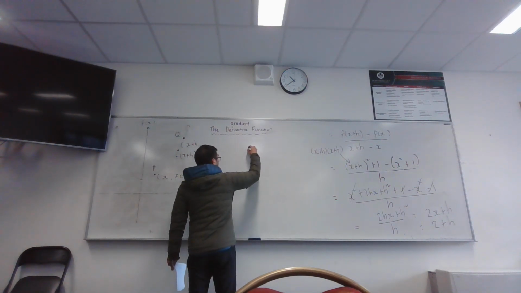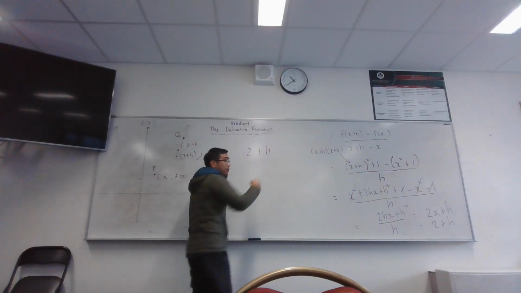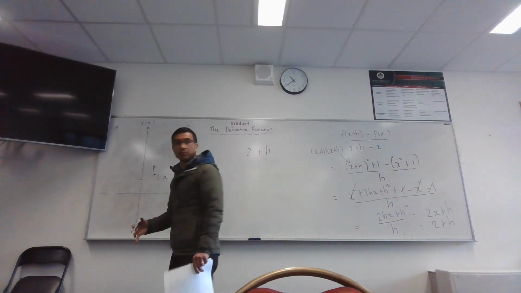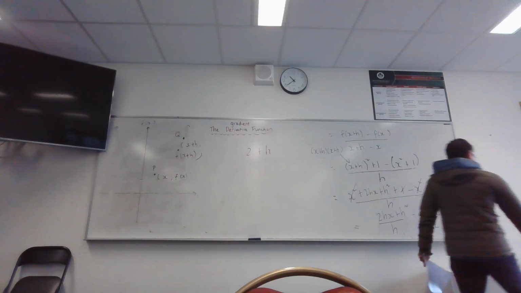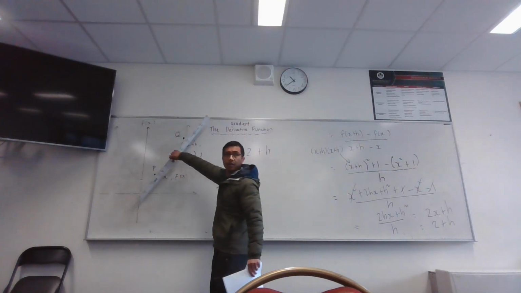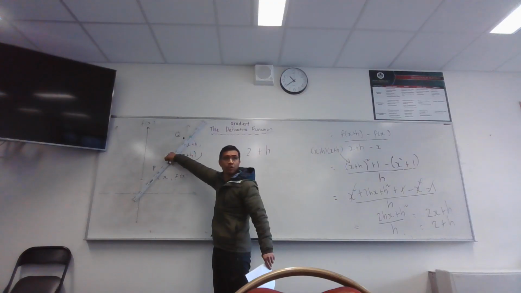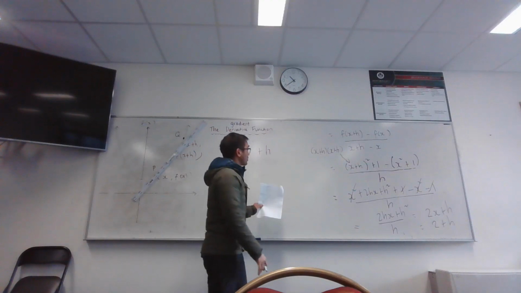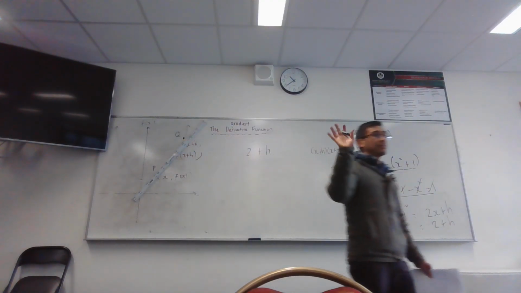Now that we've found our gradient, we want to shrink it. What are we trying to do here? Between points P and Q, what's the focus of the question that I already rubbed off?